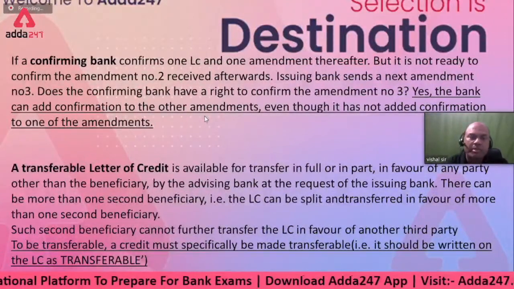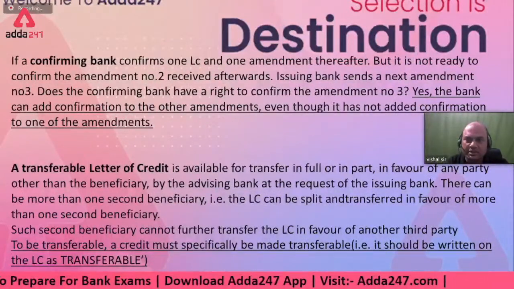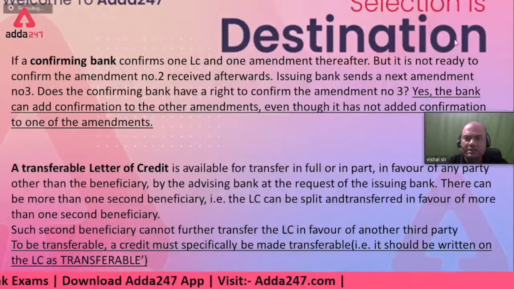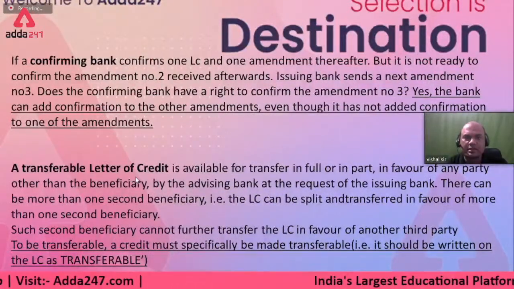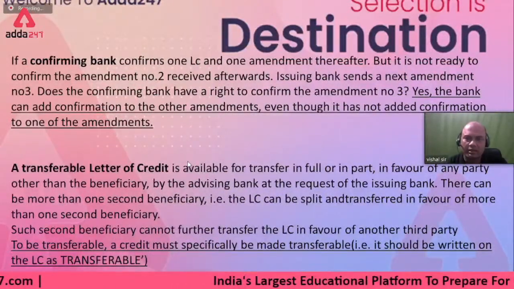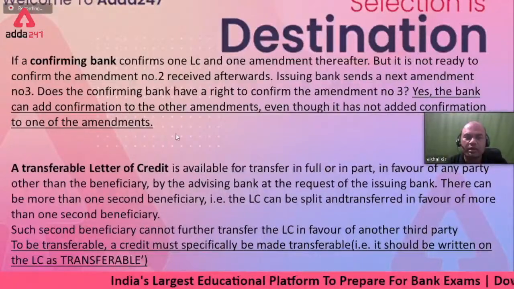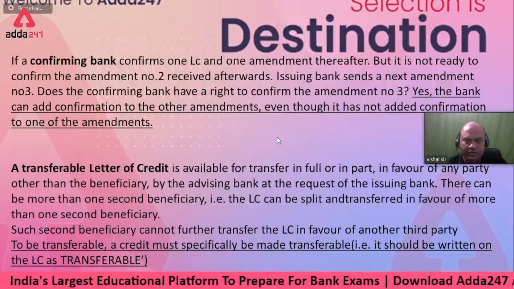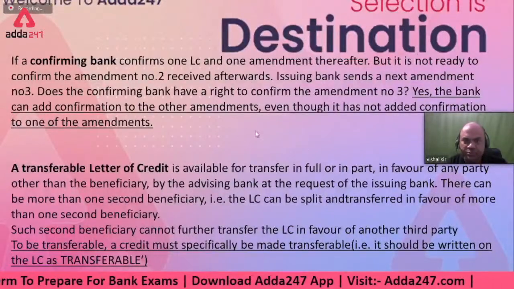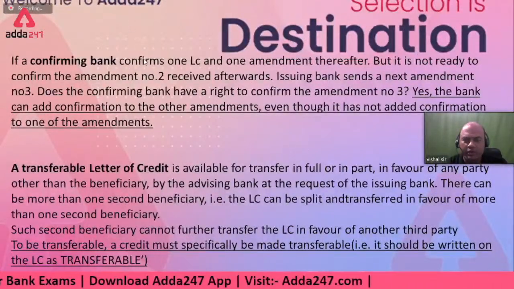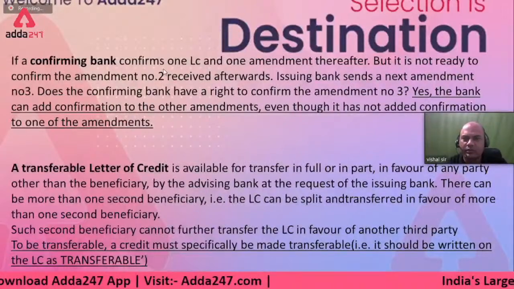Okay. Next, transferable LC. What is a transferable LC basically? What do you mean by transferable LC? See here, in a transferable LC, it's always written in that LC that irrevocable, transferable. Okay, the word transferable is written over there in that LC on the face of that document, in the first line.